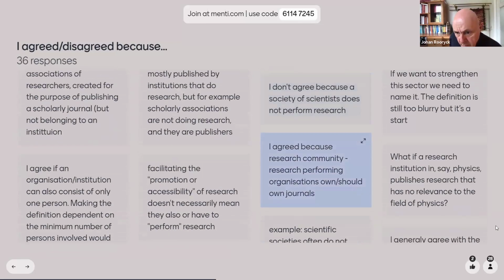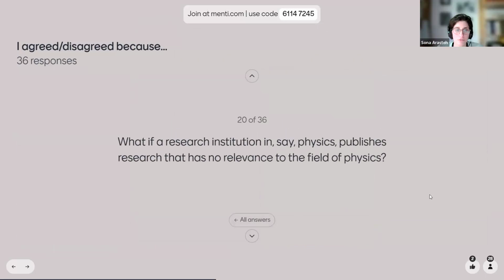Community-led, community-owned. I just wanted to point to this question because I think we can briefly discuss it still. So basically, what it goes back to is the idea that the research conducted by whatever organization provides the Diamond Journal, how much does it have to be affiliated with the content of research, right? If I got that question right.